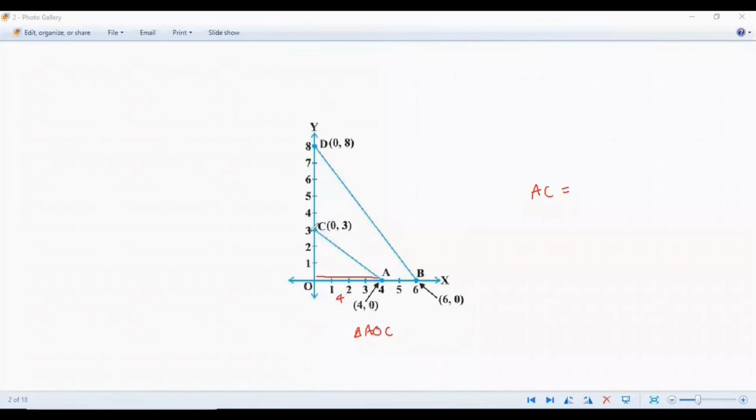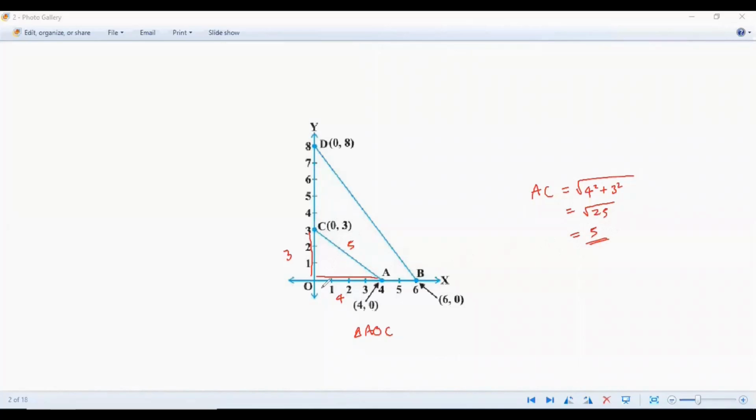And what's the length of CO? 3. Then what will be the length of AC? Square root of 4 square plus 3 square, that is root 25, that is equal to 5. So AC is equal to 5 we got.